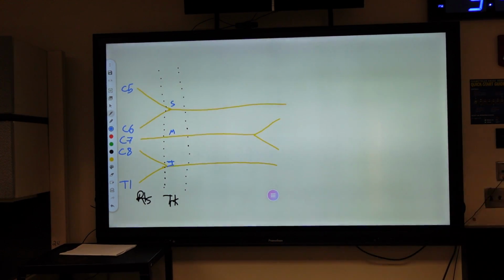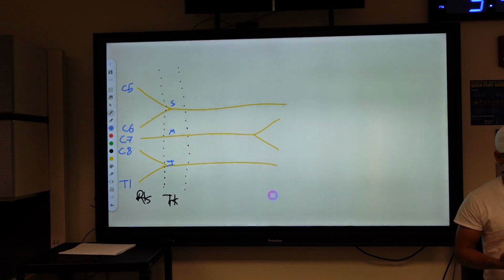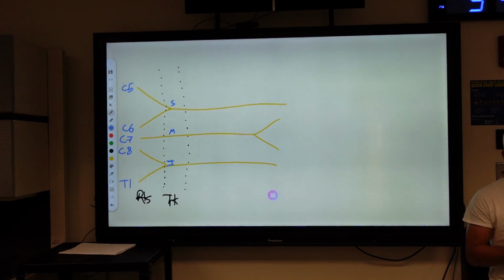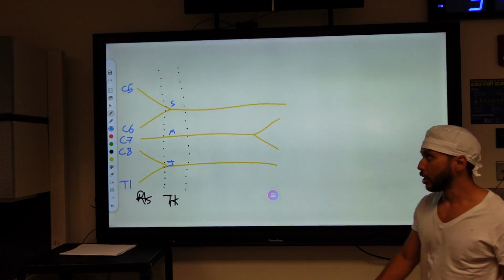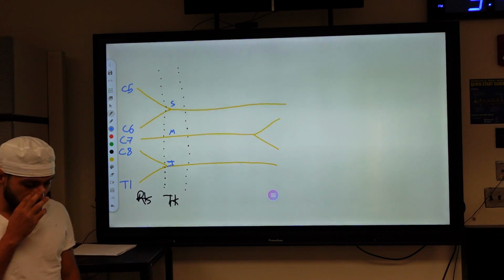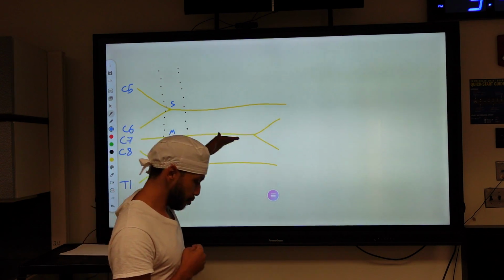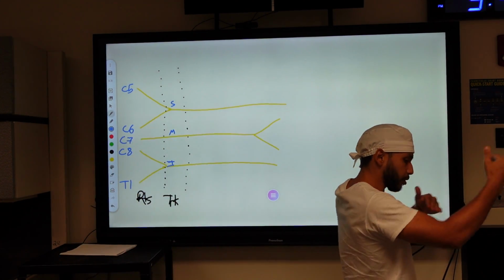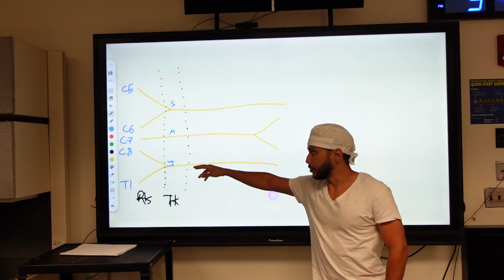Now, the next part that comes after the trunks is going to be what? Those posterior, anterior, what are those called? Divisions, right? So now there's going to be divisions. Notice that we've been using some directional names so far for the trunks: superior trunk, middle trunk, and inferior trunk, because that's the relation they have to each other on the body. This is the more superior one, this is the more inferior one.